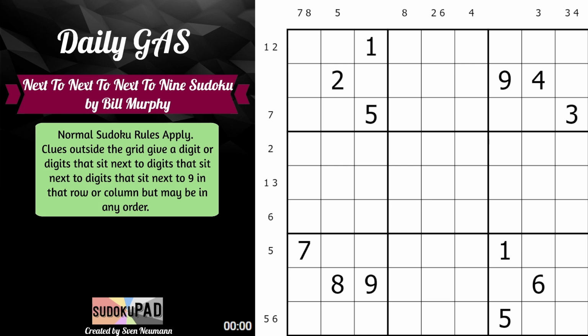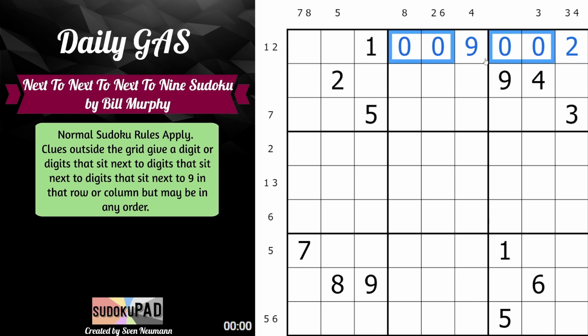So what does that mean? Well, it's just another layer on what we've already seen. So a clue of 1, 2 next to a row or column would indicate that there is a 1, XX, 9, XX, 2, or a 2, XX, 9, XX, 1 in that row or column, where X is any other digit.